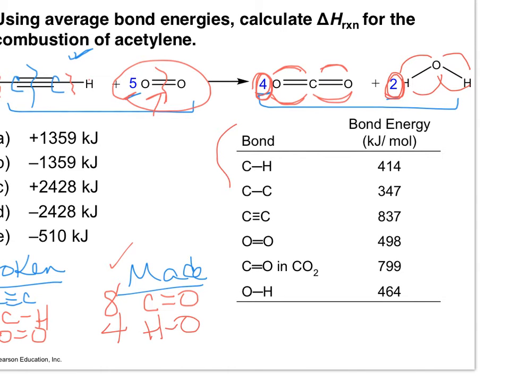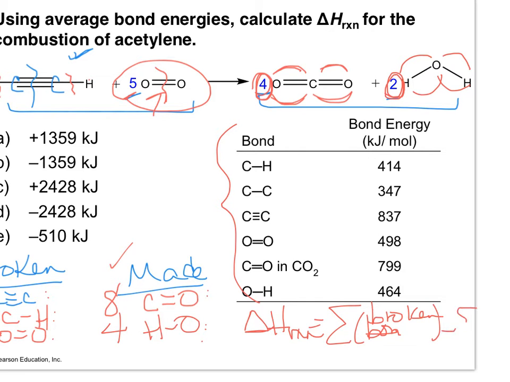So now you look in the table, which will be given, and you find out the bond energies for everything that's been broken and made, and you plug into the formula. And remember that the enthalpy of this reaction is equal to the sum of the bonds, let's shorthand this, broken, minus the sum of the bonds made.